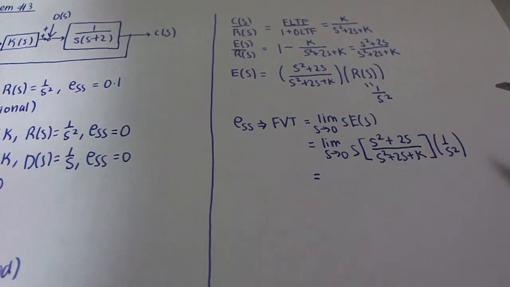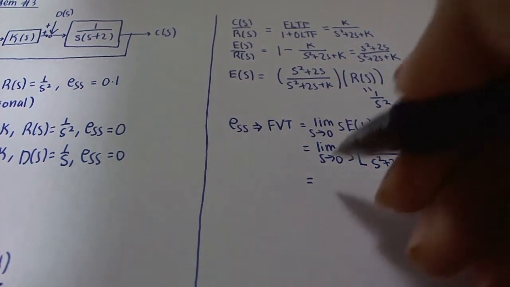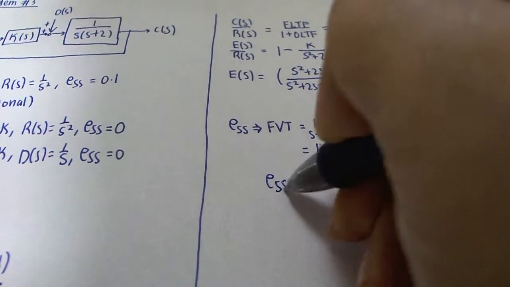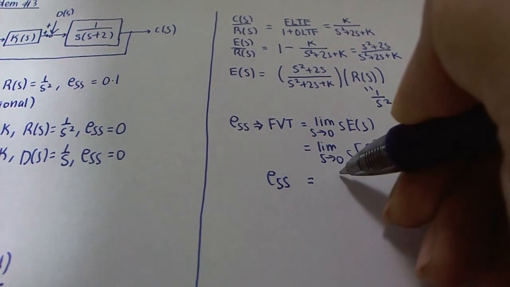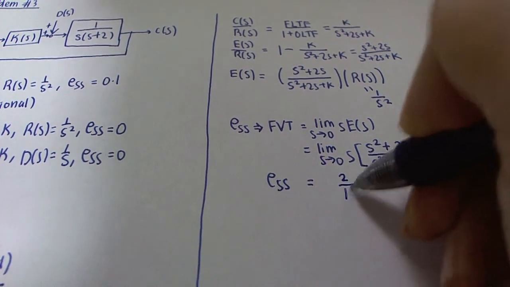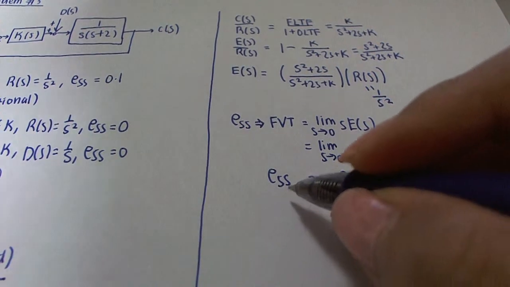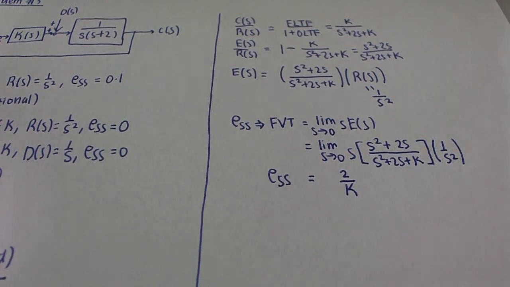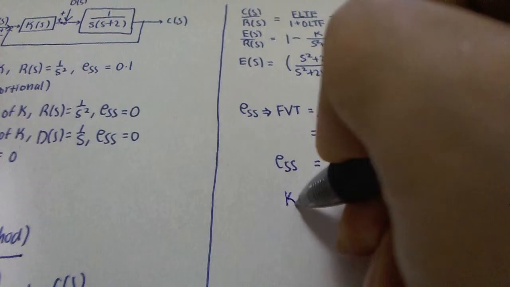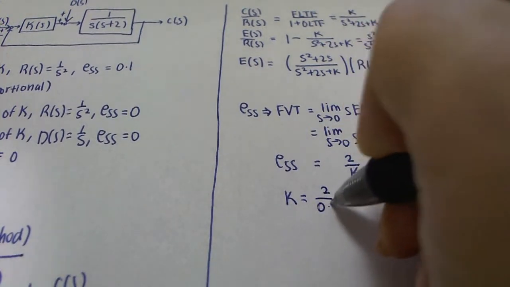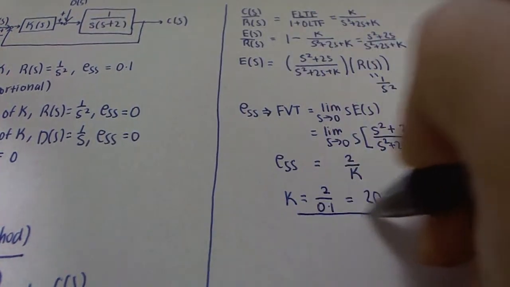And then solving the limit, we will have steady state error equals to 2 over K. And we know that the steady state error has to be 0.1, which is given by the problem. So K is basically 2 over 0.1, which equals to 20.